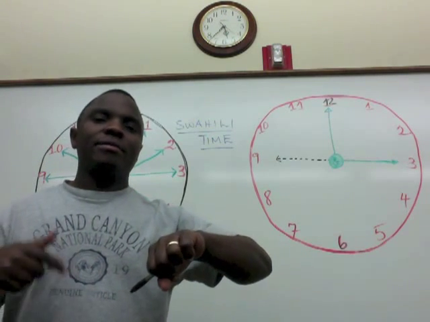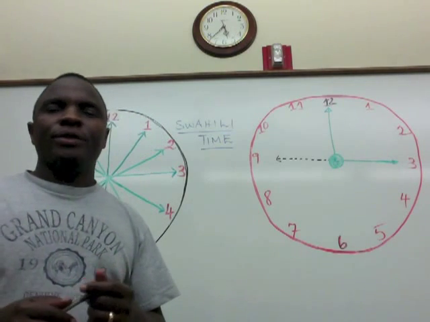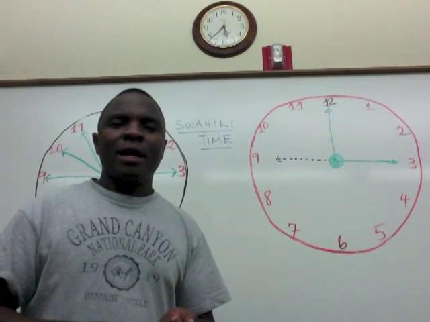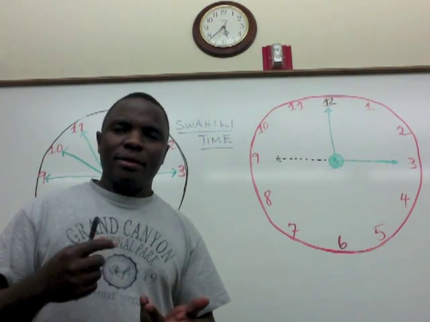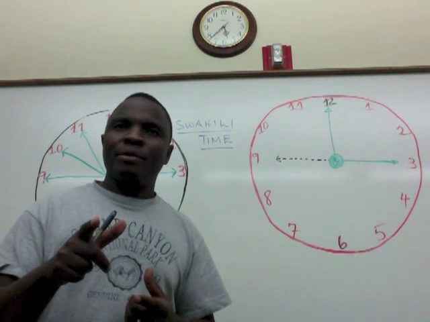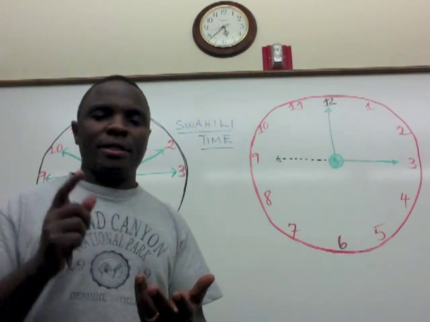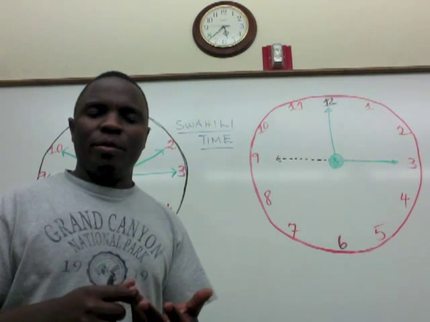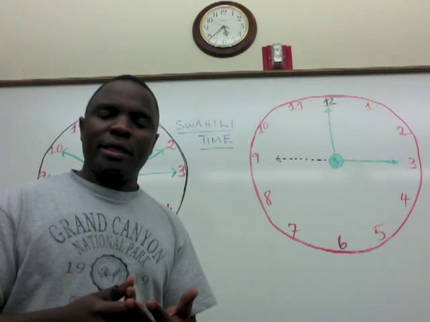Now it is 9 in English. So you need to know words like saa. Another one you need to know is numbers up to 12. I know you remember up to 10, but you're going to need to remember 11 and 12.